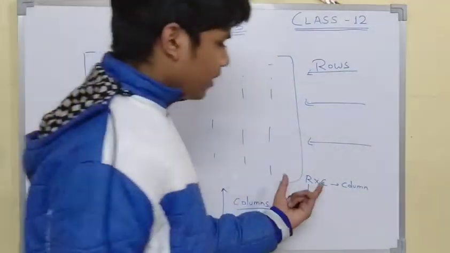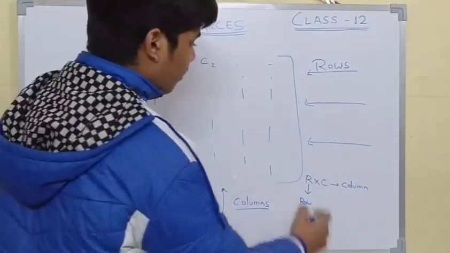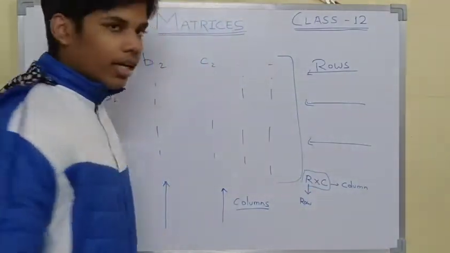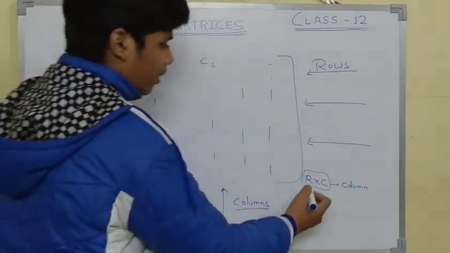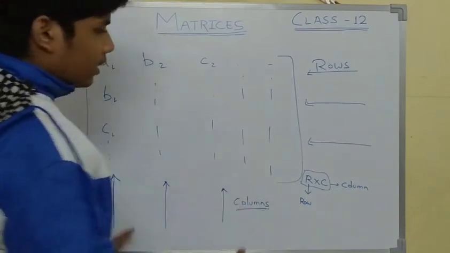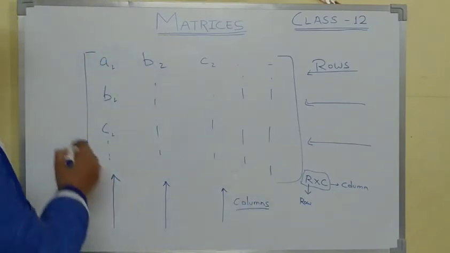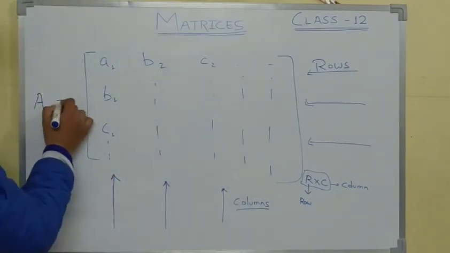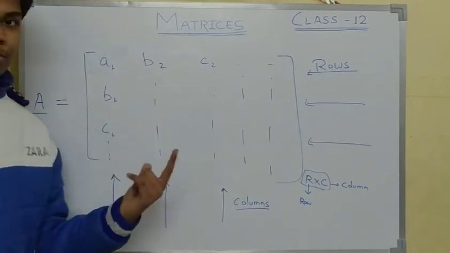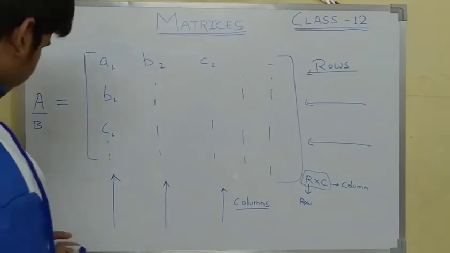When we write the order, we have to write it in this form only. We cannot write it as column into row, we have to write only row into column. So this is the order of a matrix, and a matrix is always represented by capital letters, like capital A or capital B or capital C. Only a capital letter is used to represent any matrix.